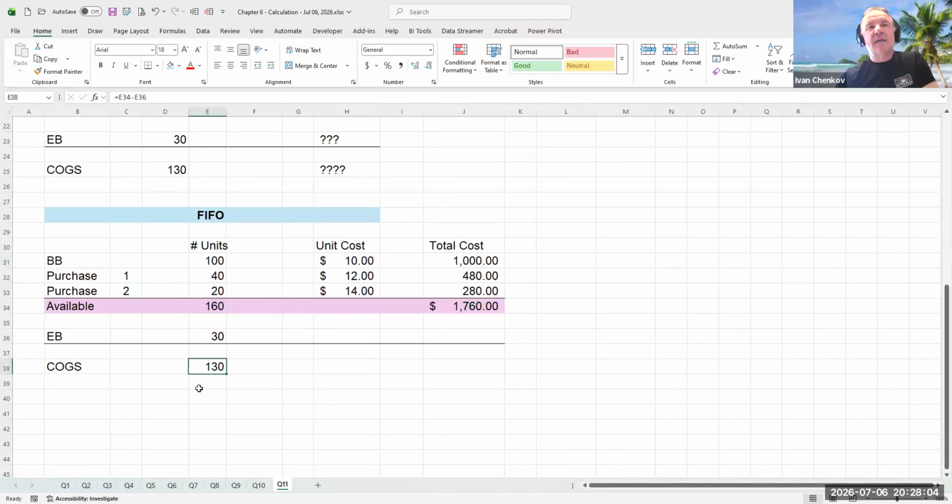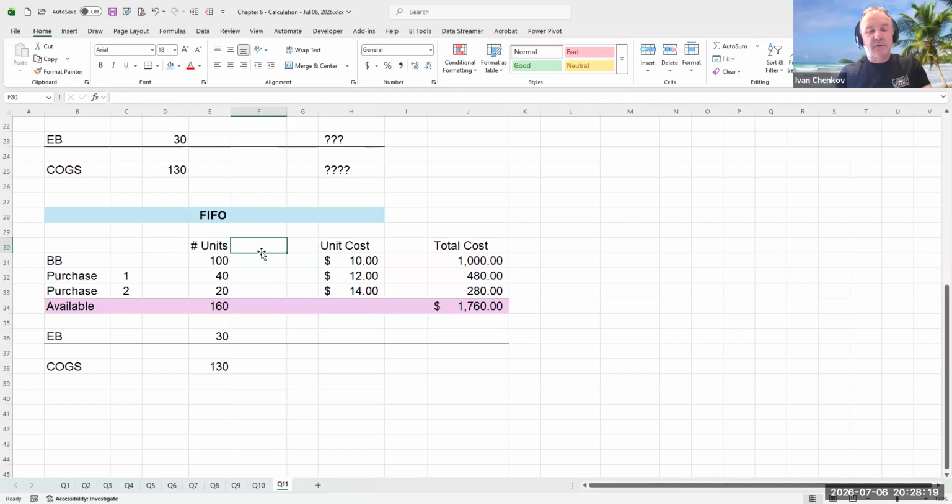First one, I know that I sold 130 units. Which units did I sell? Obviously, I sold those 100 units, and then from those 40, I sold 30 units, correct?